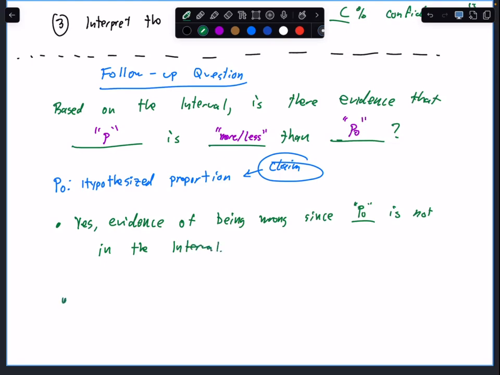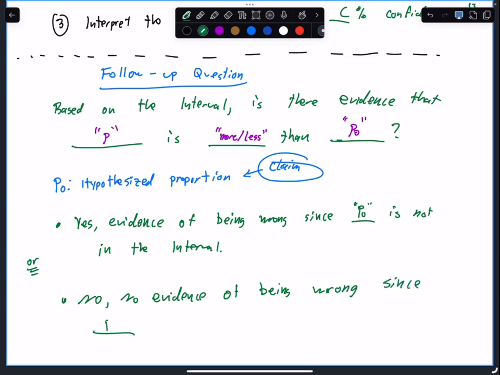Or, this is an or, the answer is no. There is no evidence of being wrong since blank P0 is within the interval.